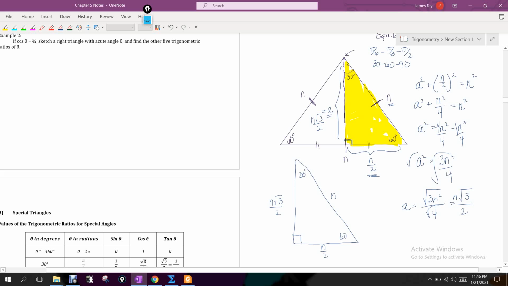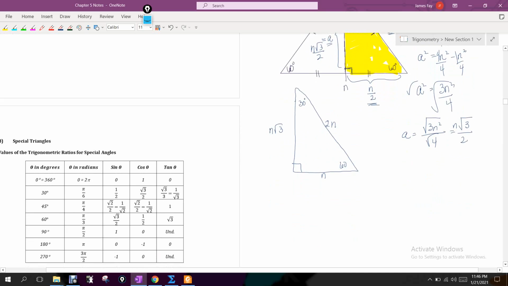We don't like those fractions, and because of dilations that we talked about in geometry, we can double every side length and still have a 30, 60, 90 triangle. So if I double every side length, this goes to n radical 3, this goes to n, and this doubled gives me 2n, and that just gets rid of my fractions. And that becomes the basis for all of our 30, 60, 90 triangles and their side lengths.